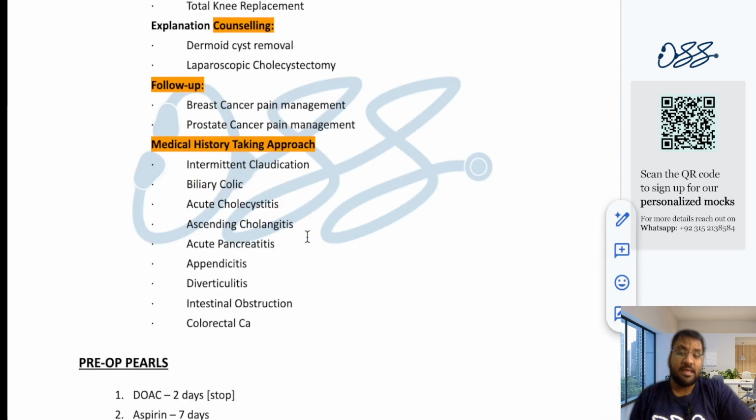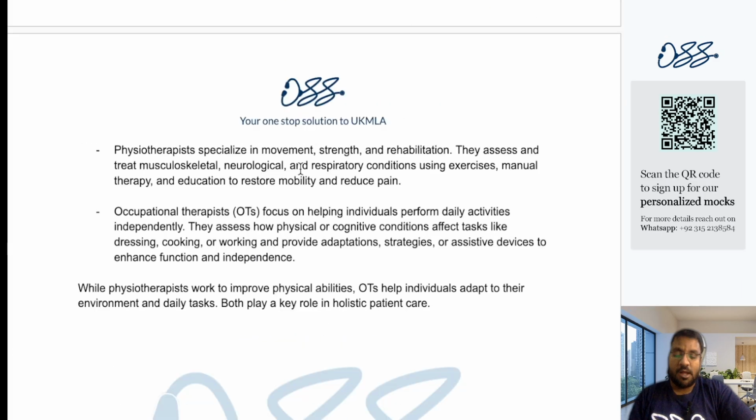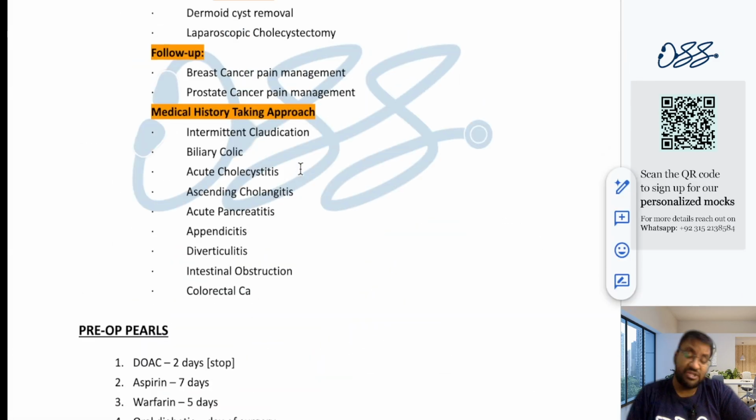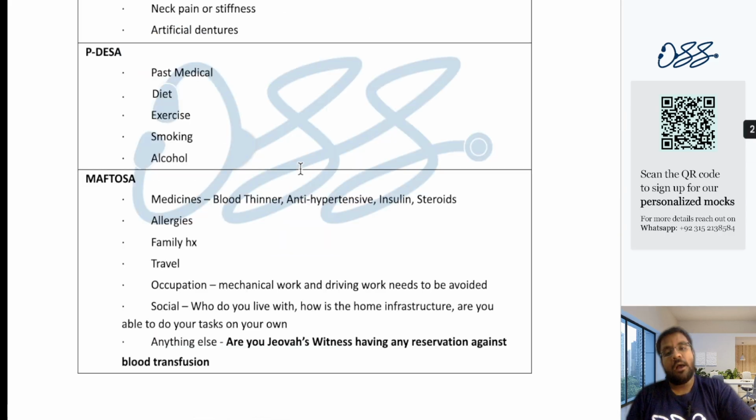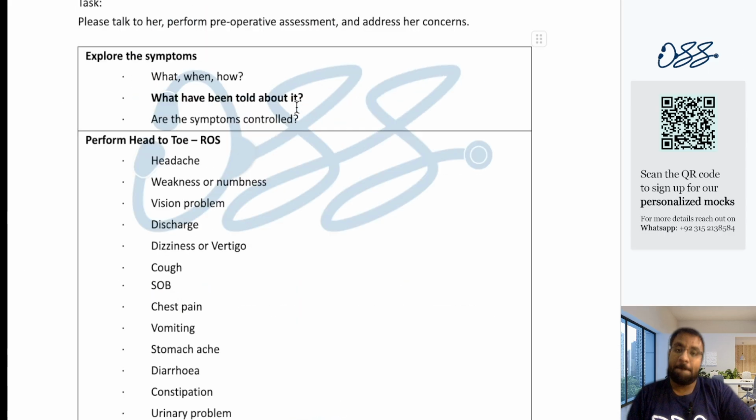We are going to discuss that structure, and then I'm going to discuss a couple of important things regarding the surgical stations that you should be aware of before you start studying and practicing them.